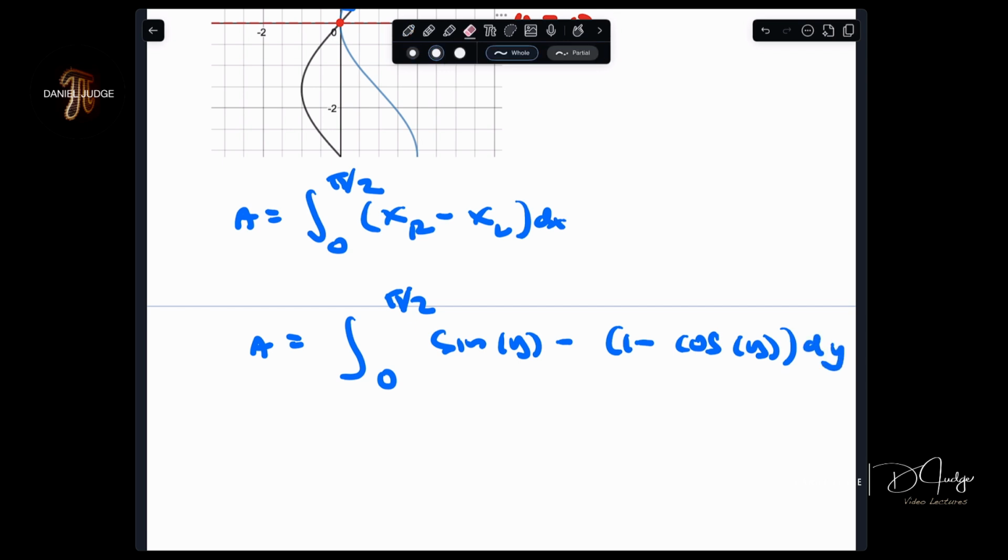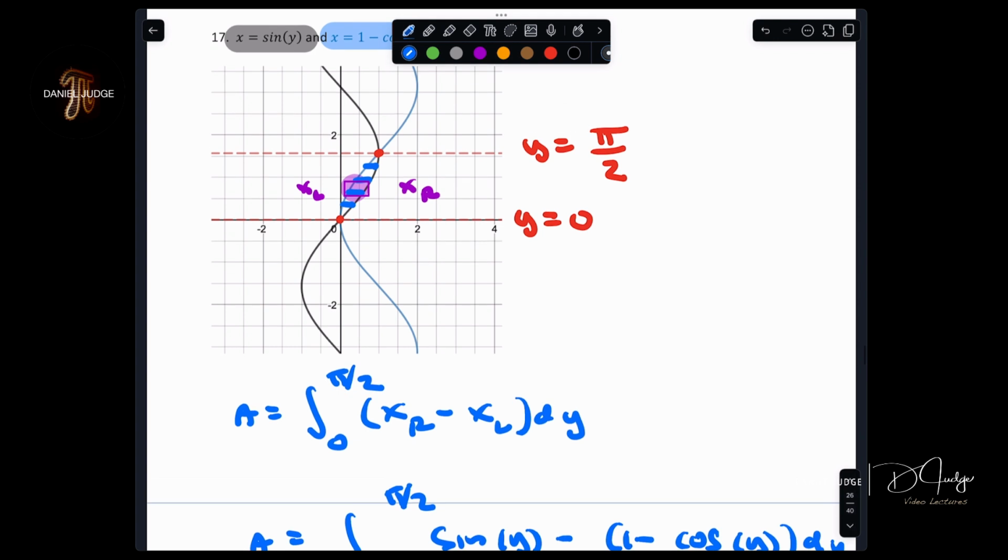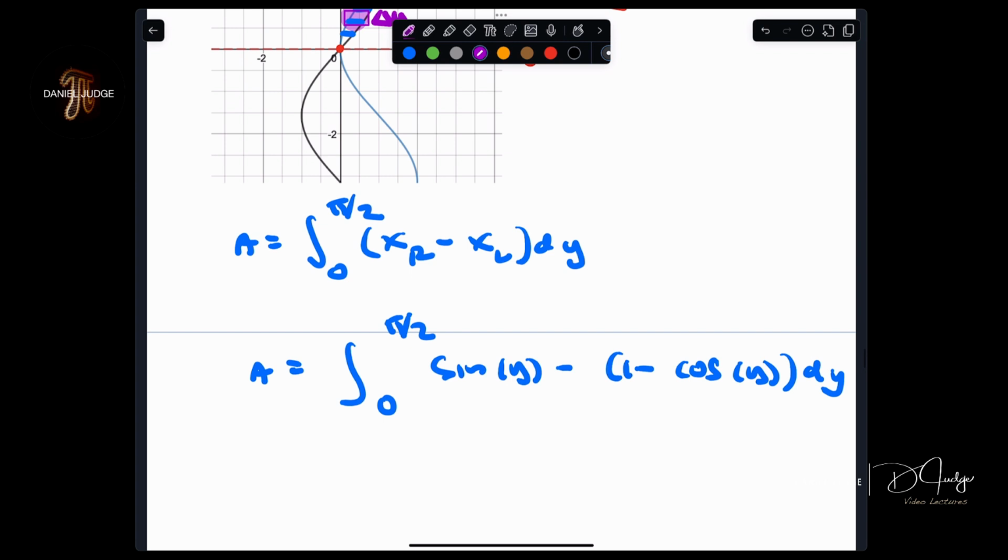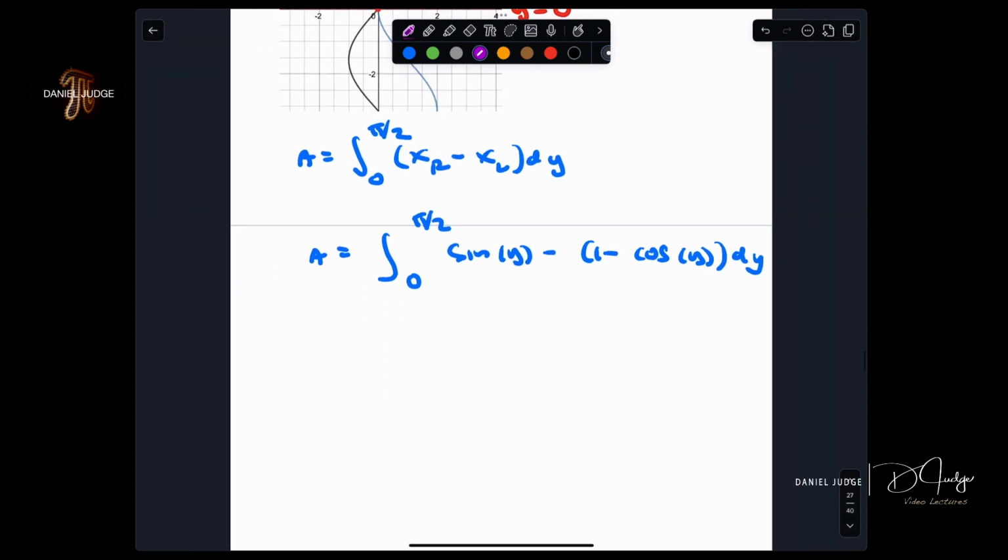Apologize, you guys, because this is now going to be delta y. You guys remember the approximating rectangle will be delta y now. So that's a dy down here. Good. So it looks like we're good now.